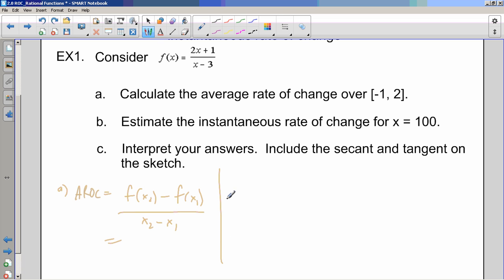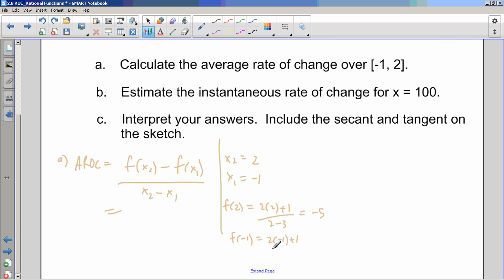And here, my x2 is 2, my x1 is negative 1, and I can calculate my f values. F at 2 is, fire that into a calculator, 2 times 2 plus 1 over 2 minus 3, which is negative 5. F at minus 1, bing that into a calculator.